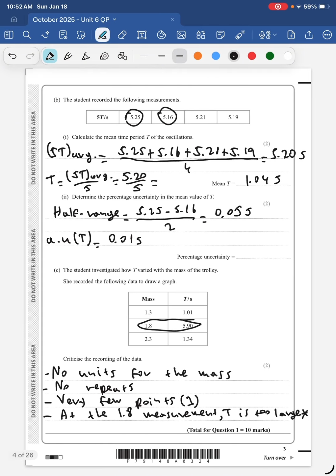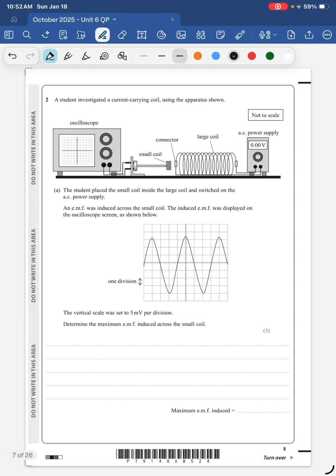Okay, I think that's plenty. The question awards 2 marks. So usually this means that you have to provide 2 points, and we have written 4, so that's plenty. All right, moving on to question 2.